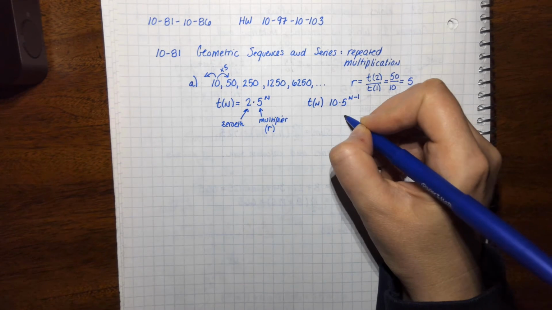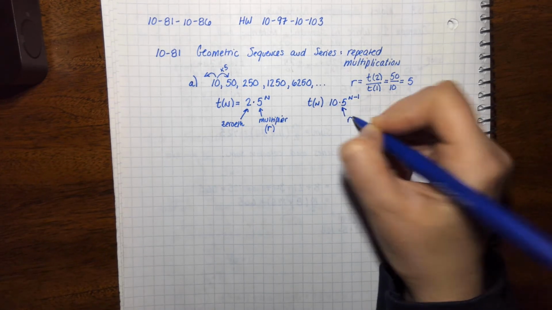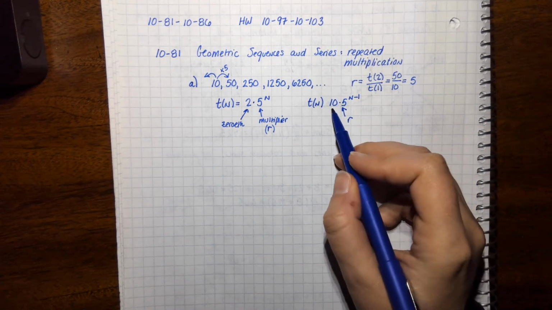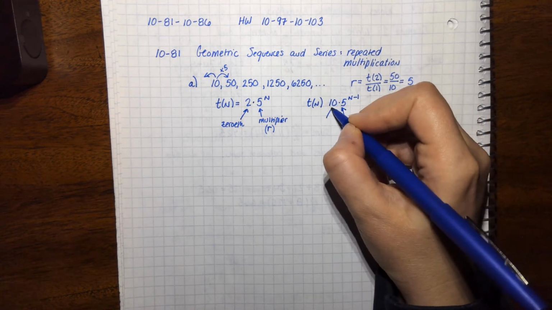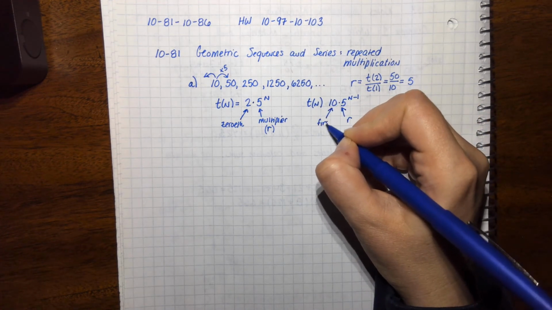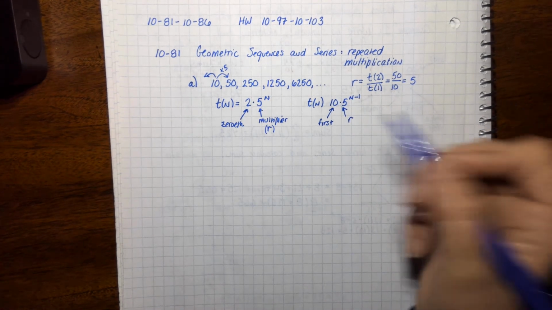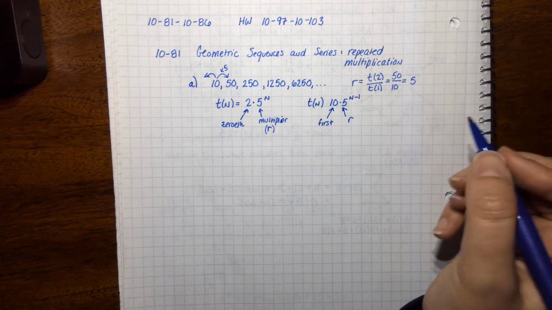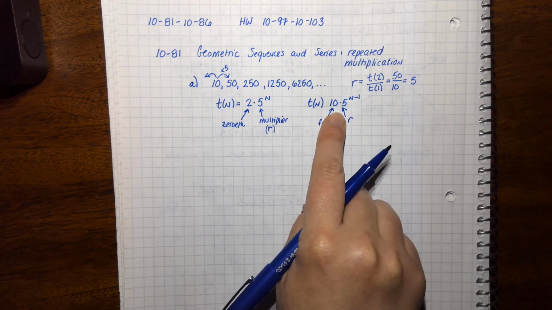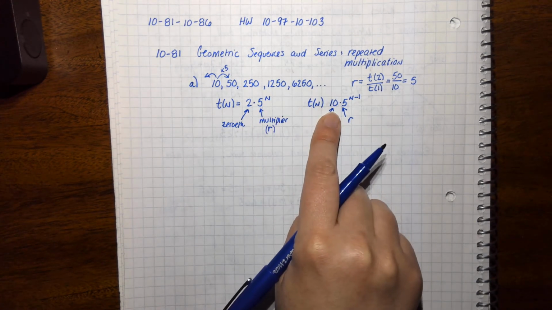There's my ratio r. And this 10 is actually the first term, and the n minus 1 balances that out. So the answer really is that both of these equations are correct. You could write it either way.